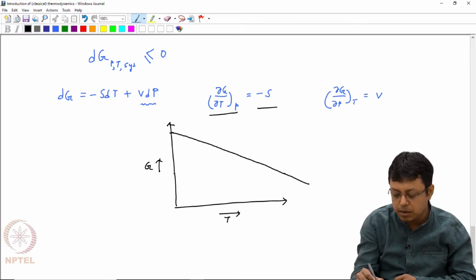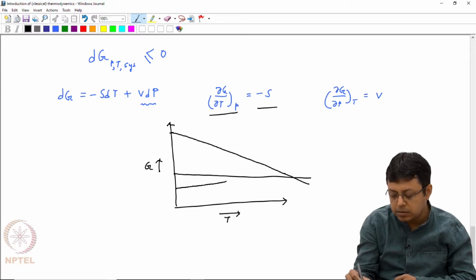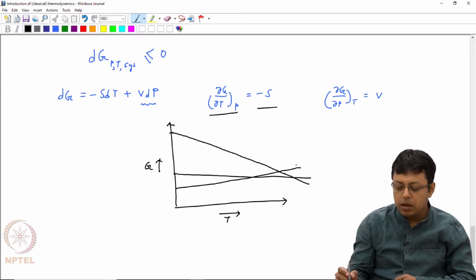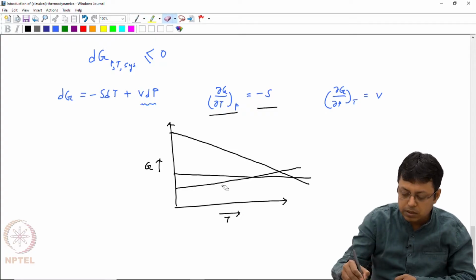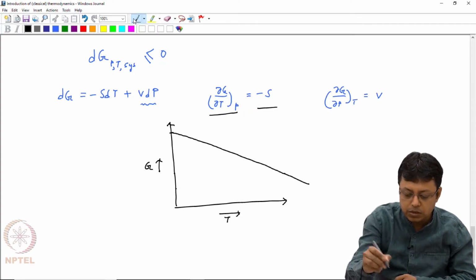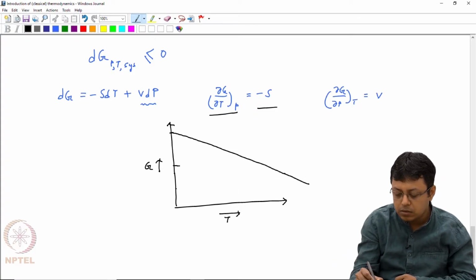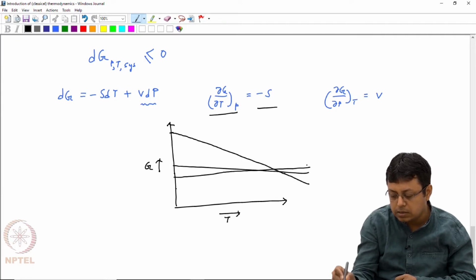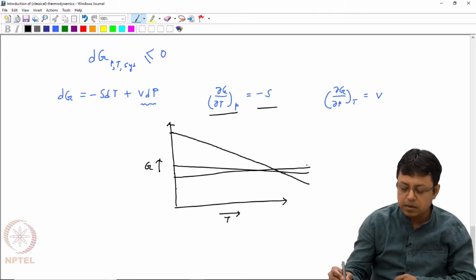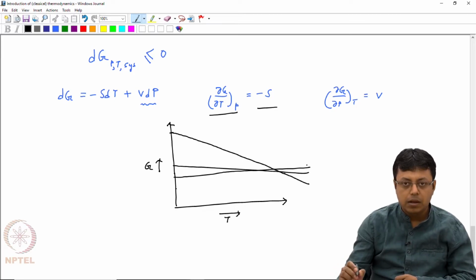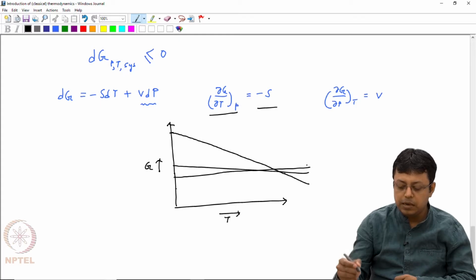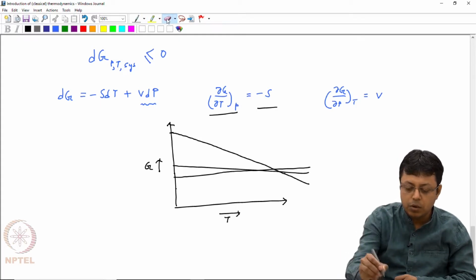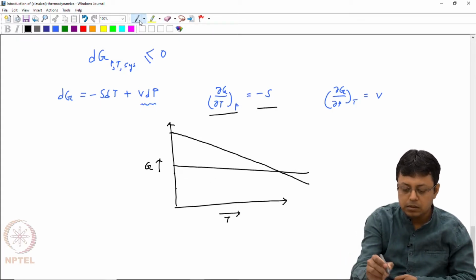It will have some slope, but of course it will be less, and for solids it will be even less. Let me just redraw the liquid and solid curves once again. So let's say the liquid is something like this and the solid is something like this. Everybody is decreasing, but for the liquid and solid the decrease is at a much lower rate than for the vapor.